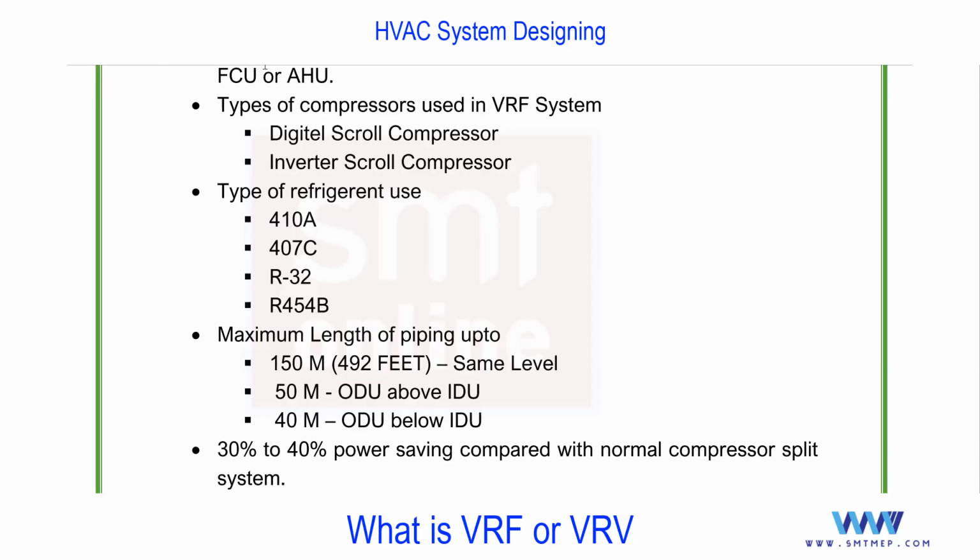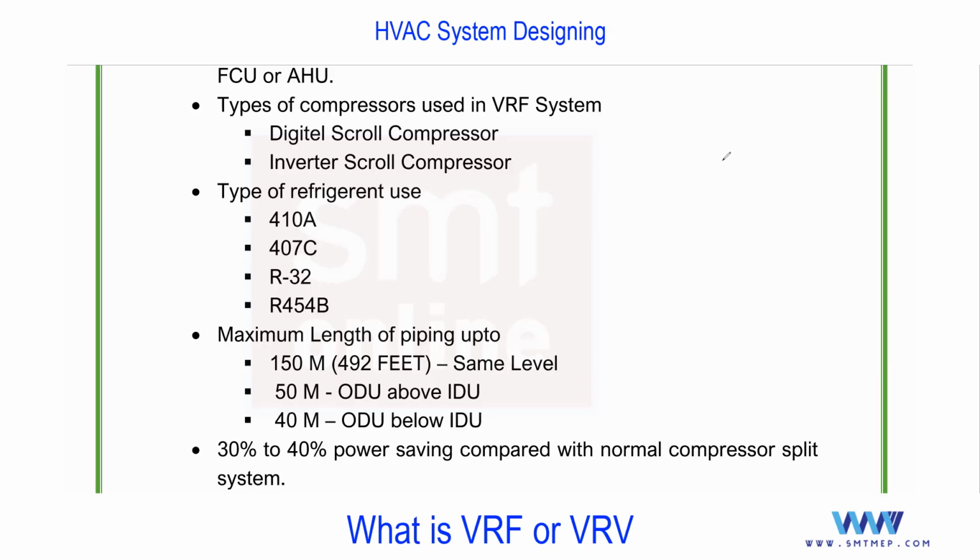You know in a split system, the maximum length of the pipe between indoor and outdoor, we discussed now, is 25 to 30 feet. Or for some manufacturers, as per the capacity, it may be up to 15 meters. 15 meters is nearly 45 feet.